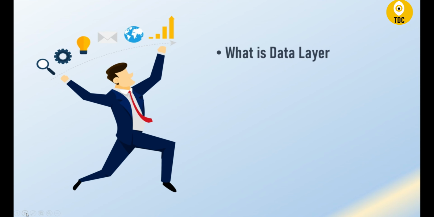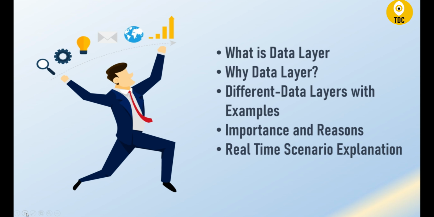So as per the agenda, we will discuss what data layers are, what exactly a data layer means, and why we need different data layers. This is very important, so we need to understand why. If you understand why we need different data layers, then understanding the other concepts will be really easy. And then we will cover what the different data layers are, and we can see that with examples.